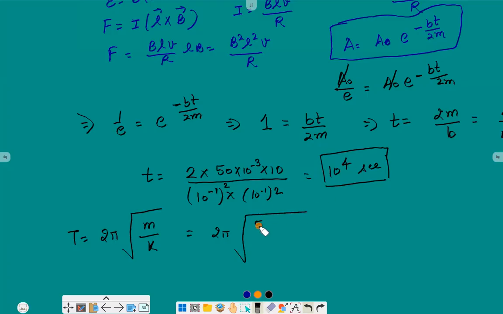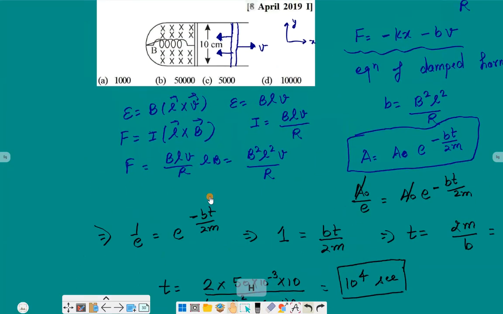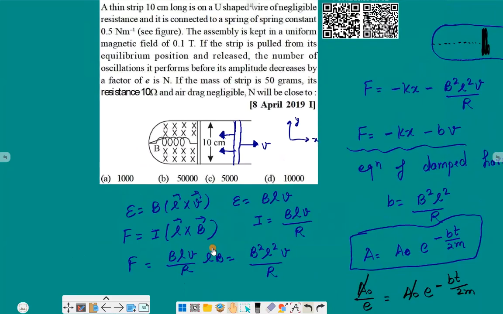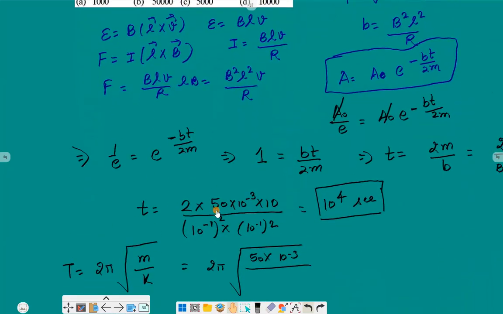So it will be 2 pi, mass we know 50 into 10 raised to power minus 3, divided by spring constant, that is 0.5, or 5 into 10 raised to power minus 1.